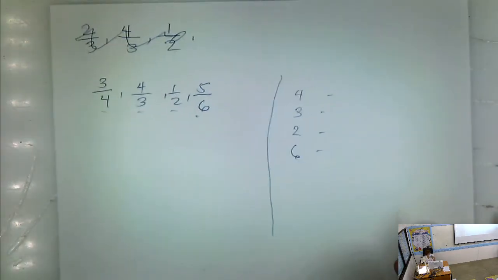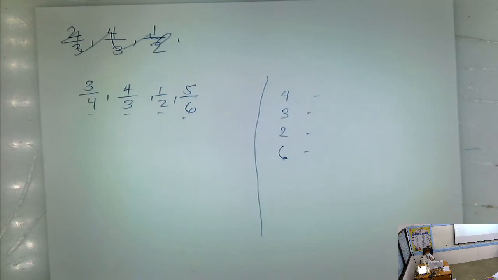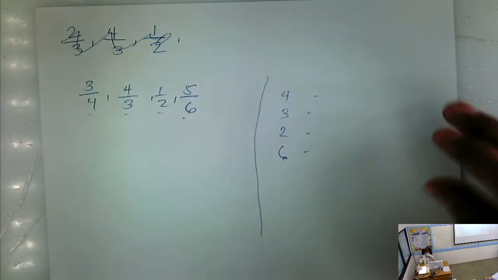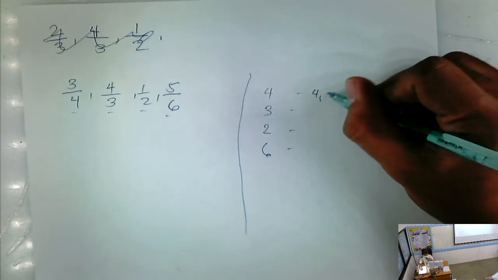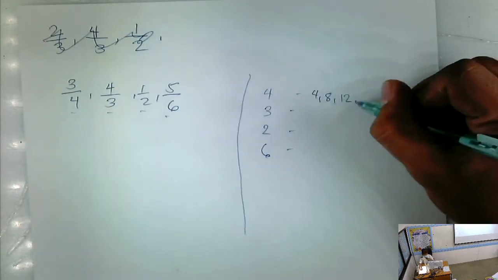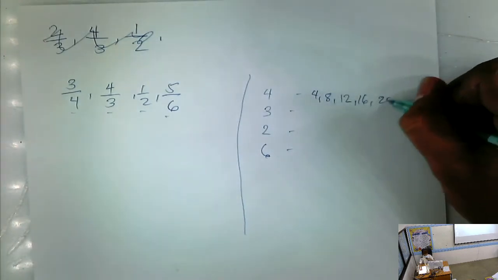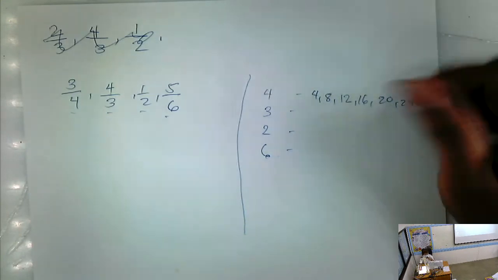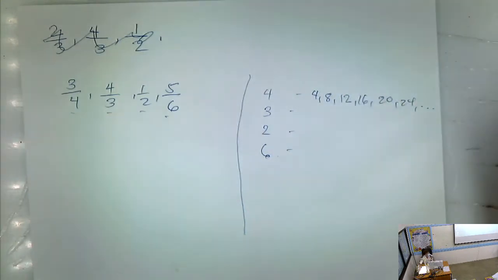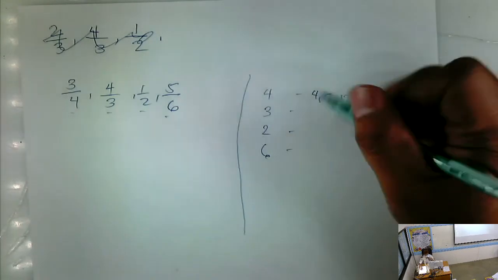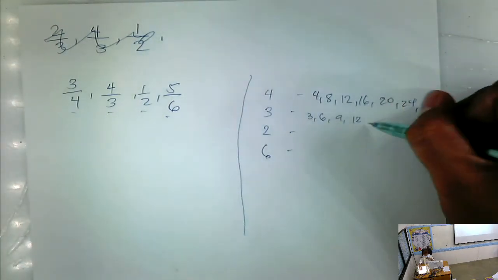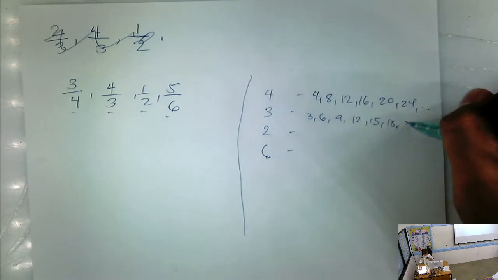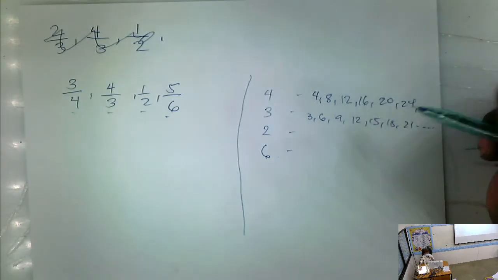Let us try to find the multiples of 4. What are the multiples of 4? We have 4 times 1 is 4. 4 times 2 is 8, 12, 16, 20, 24, right? And so on. How about 3? We have 3, 6, 9, 12, 15, 18, 21, and so on. How about 2?